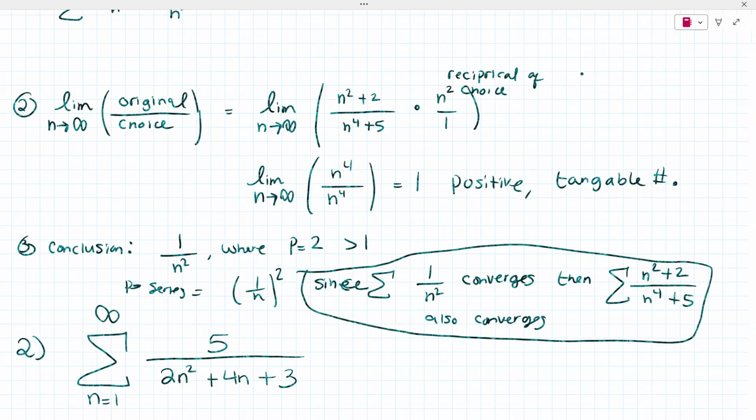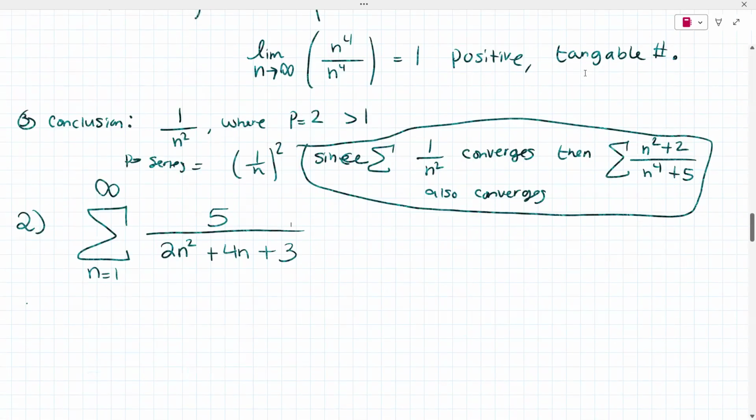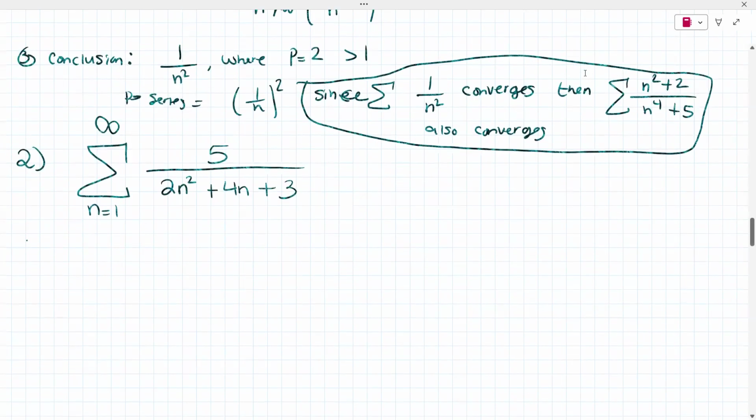Okay, let's move on to example 4. The summation of n equals 1 to infinity of 5 over (2n squared plus 4n plus 3). So first, we've got to choose. I think we'll use a p-series.